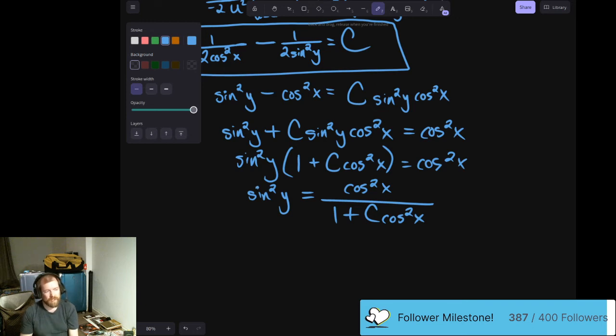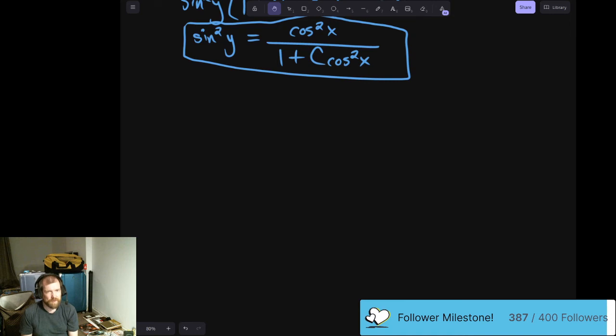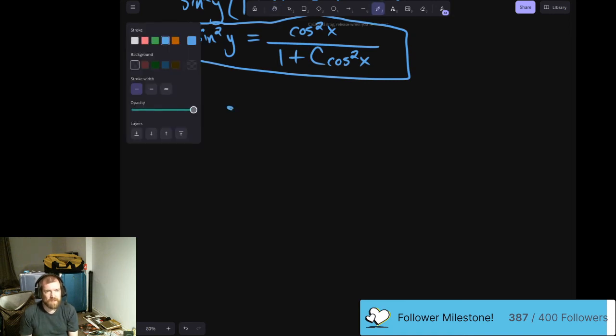And then at this point, we could take a square root, we could take the inverse sine, but overall, this is just going to be a mess. This is the alternate answer. You probably don't want to go any further than this. And if you really felt masochistic that day, you could say the absolute value of the sine of y is equal to the square root of cosine squared x divided by 1 plus c cosine squared x.